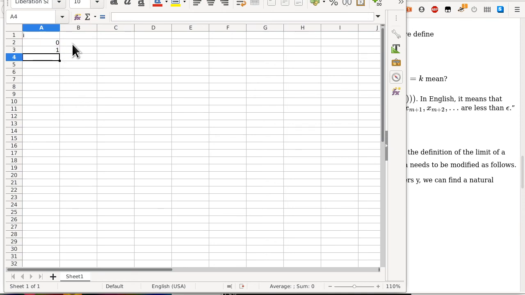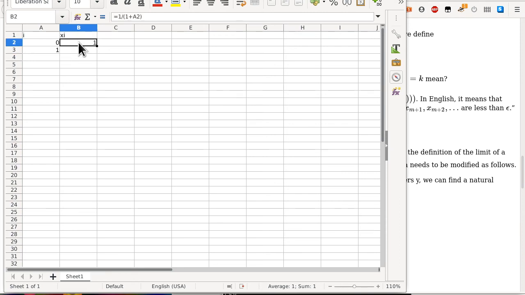Okay, and then we look at column B. Column B is x of I. In this case, x of I is defined to be 1 divided by 1 plus whatever I is. This is so that I don't have a problem with I being 0, so everything is off by 1 in terms of being the reciprocal.